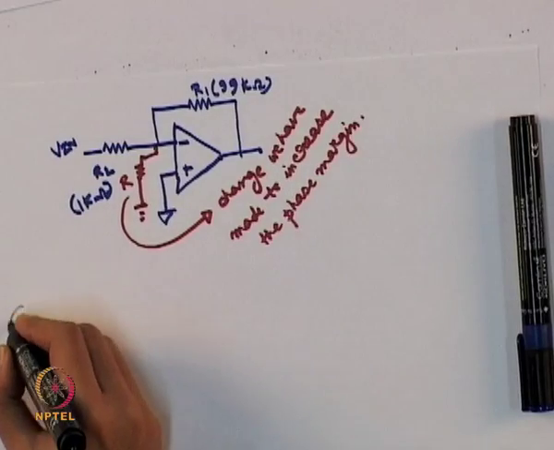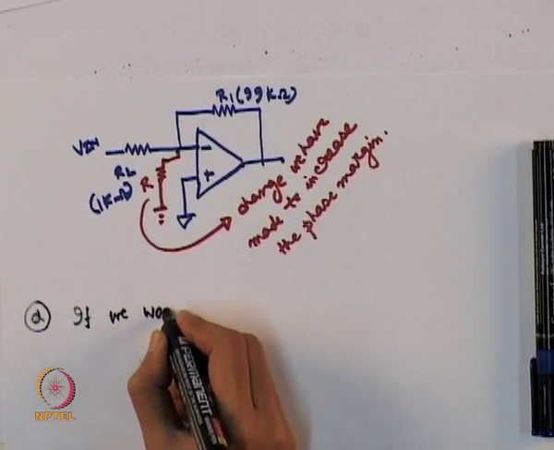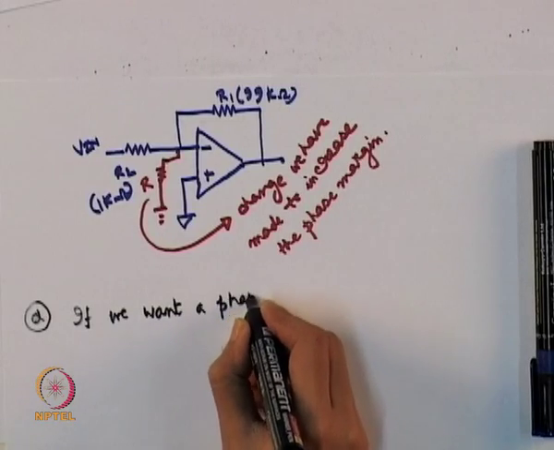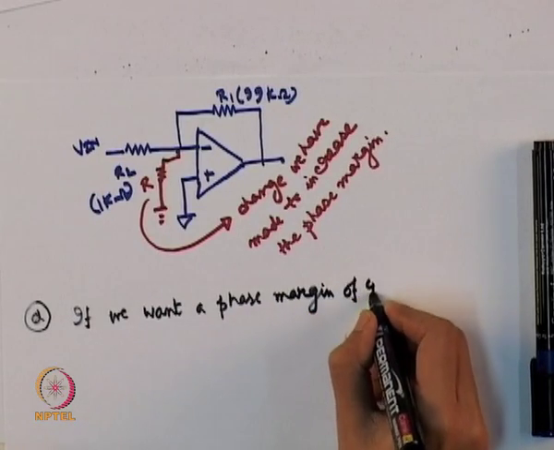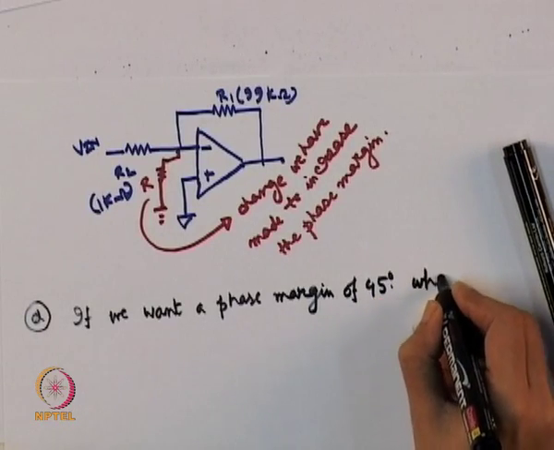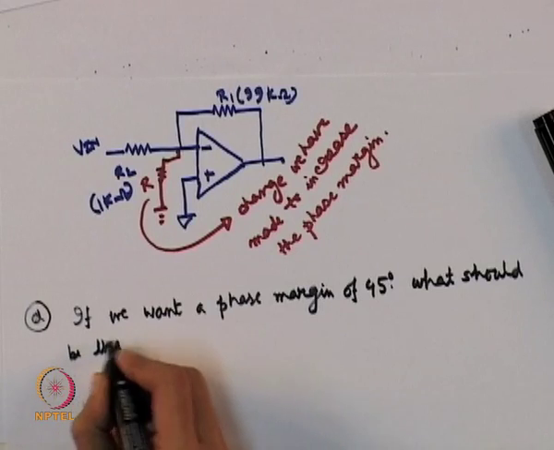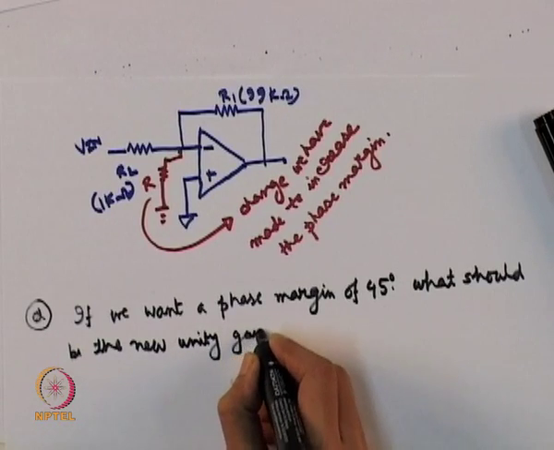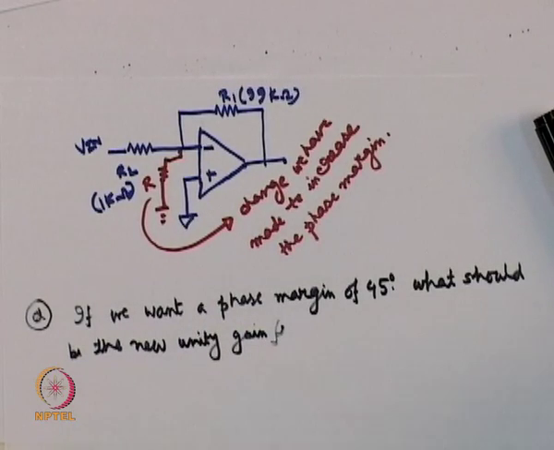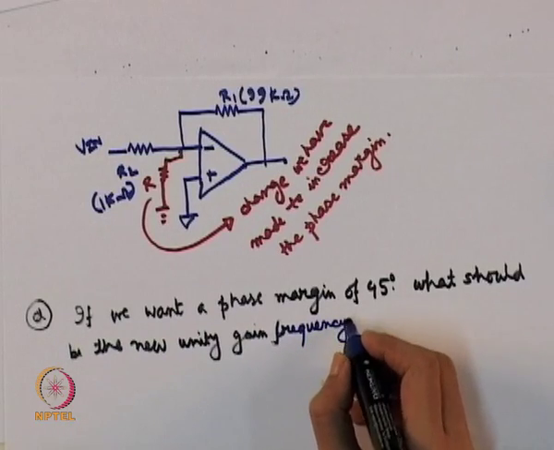So, suppose we want a phase margin of 45 degrees for this circuit, what should be the new unity gain frequency.